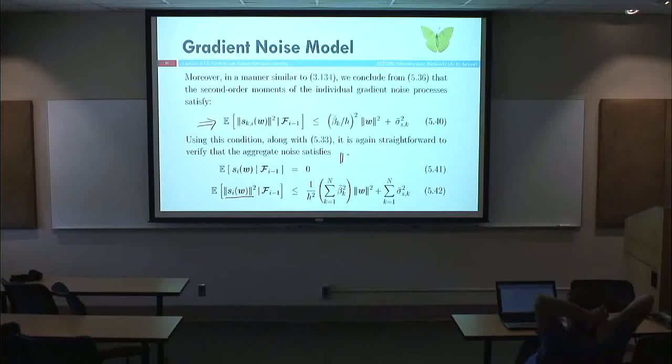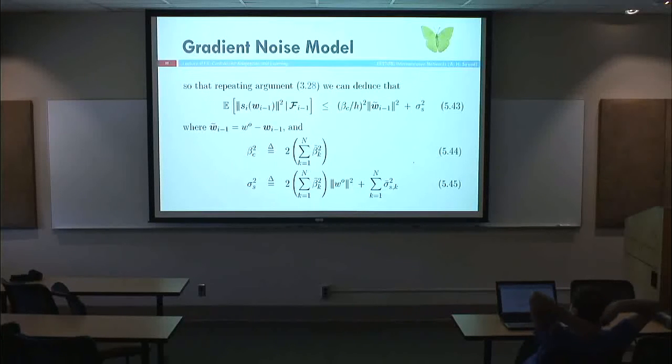Because this sum here, Si of omega squared, under expectation, conditional, you can write it as the sum of the individual expectations, right? All cross terms will disappear, right? Okay. And here I'm just calling these coefficients by some other name. It doesn't matter what they are, it's just important to know they exist.